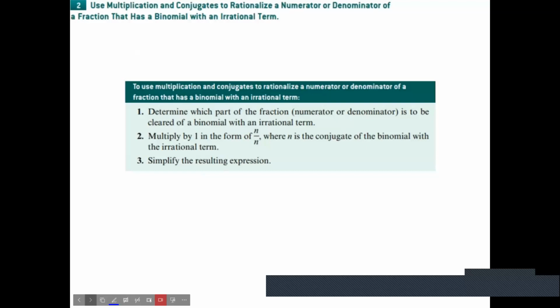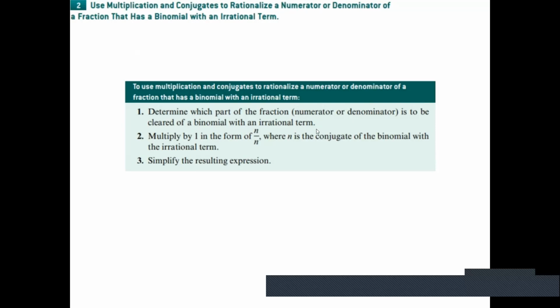Okay, use multiplication and conjugates to rationalize a numerator or denominator of a fraction that has a binomial with irrational term. So let's read that guideline here. First, determine which part of the fraction, numerator or denominator, is to be cleared of a binomial with an irrational term.